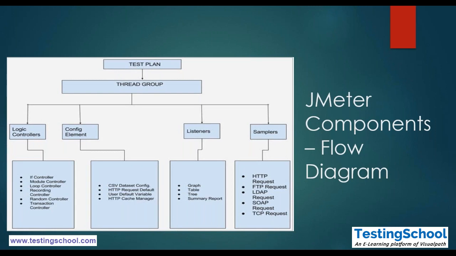Mainly config elements are used for parameterization setup, and for that we usually use CSV data set config, where you have to give the path of the CSV file which will take your parameters. Apart from this, in config elements we have HTTP request defaults, user defined variables, HTTP cache manager. We will look into all those things in detail in the latter part of the tutorial.